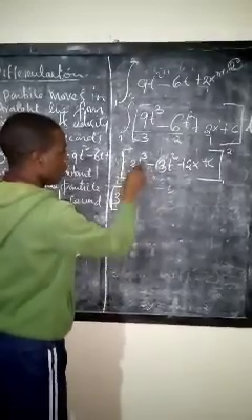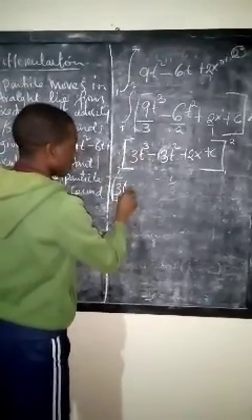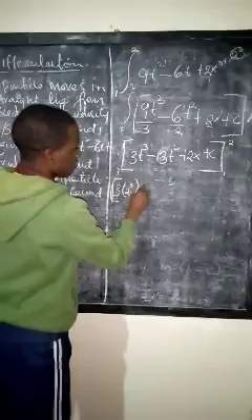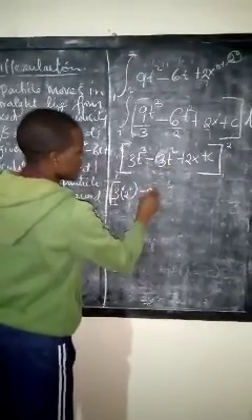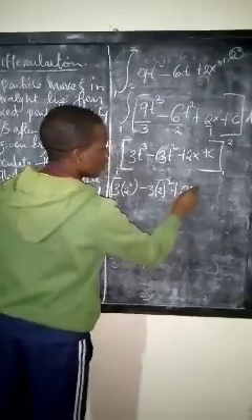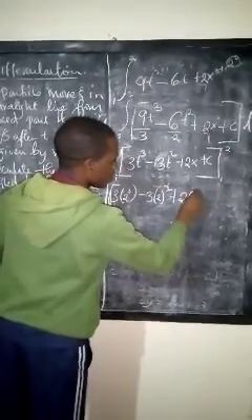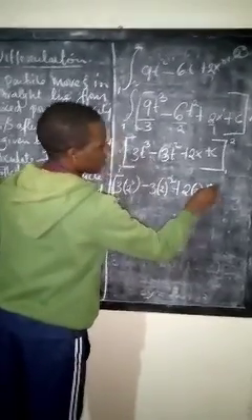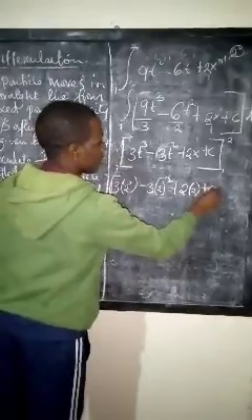Our t is 2 now, which is 3 multiplied by 2 to the power 3, minus 3 times 2 squared, plus 2 multiplied by 2, plus c. Remember, c is constant here.